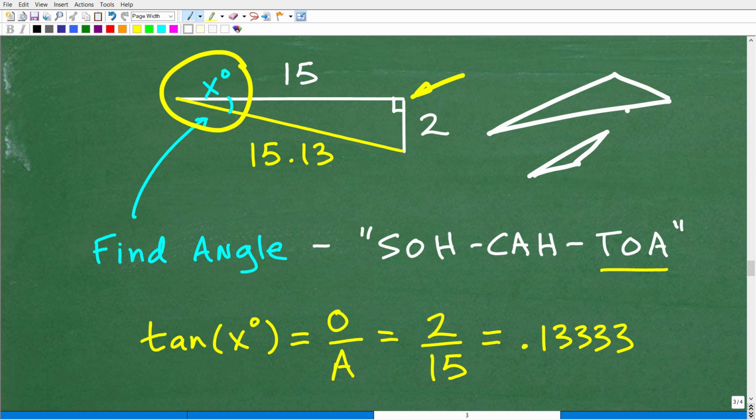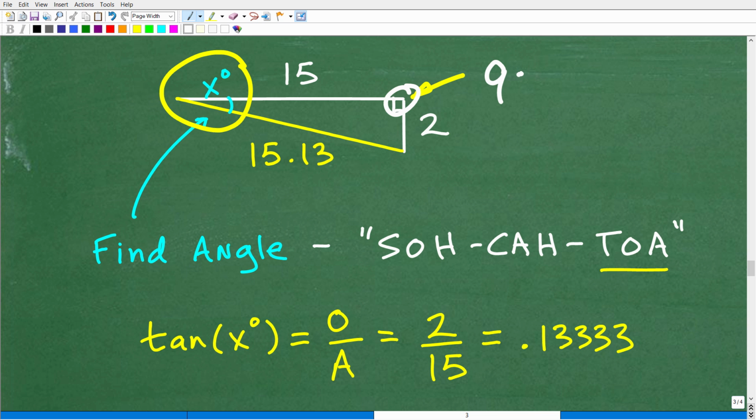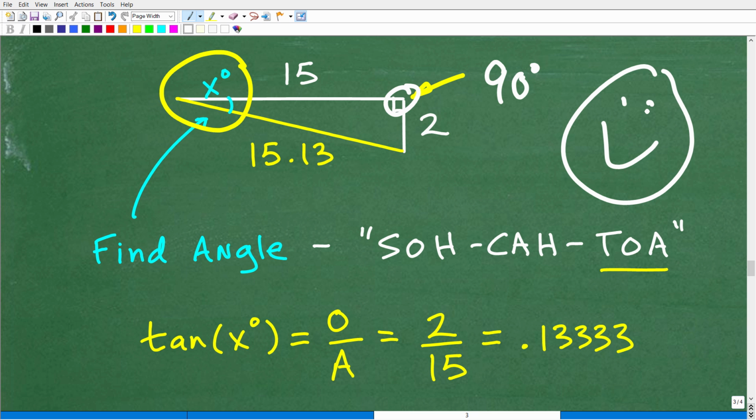These types of triangle problems require something called the law of cosine and the law of sine. That's beyond the scope of this video. But what we're going to be doing here is solving this basic right triangle situation. So when you have a 90-degree angle in your triangle, then we can just use basic trigonometry. Let's go ahead and finish this problem up.